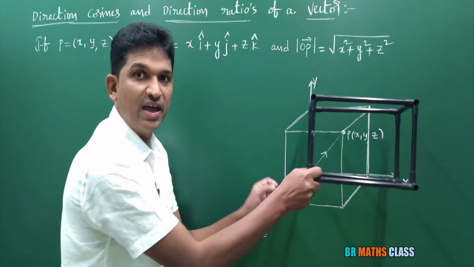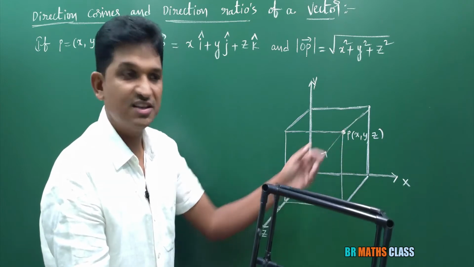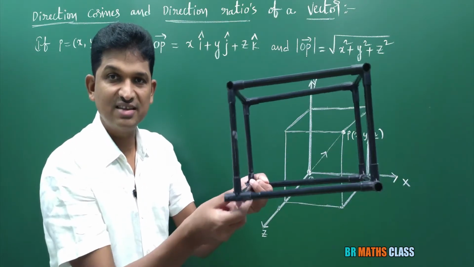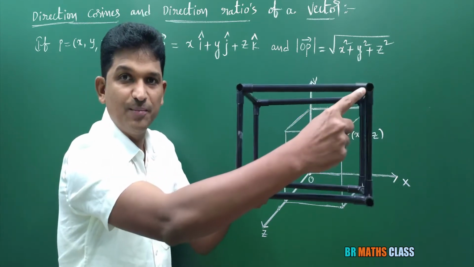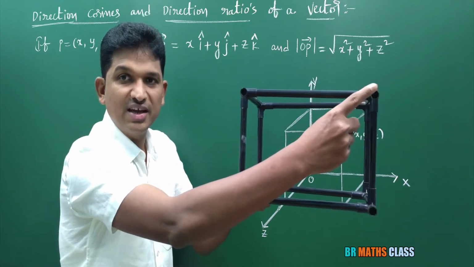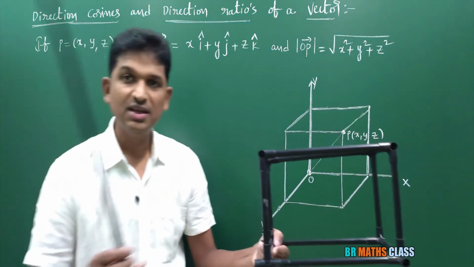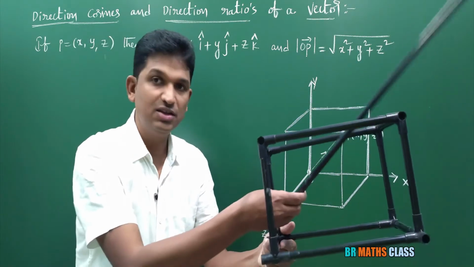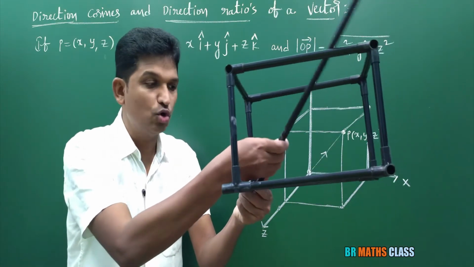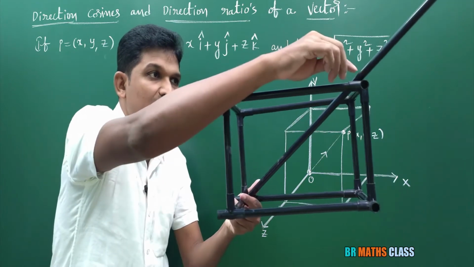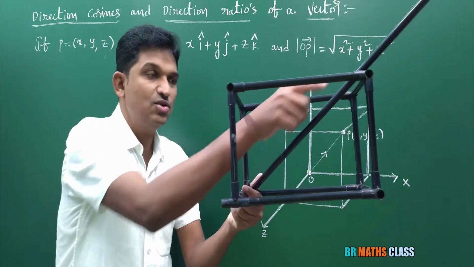Now I consider a point P in space. See, this is the point P. What is P? P I consider as x comma y comma z. Where is OP bar? You see, this is some vector. You know that this point is O. See, this is OP bar, with P pointing here.